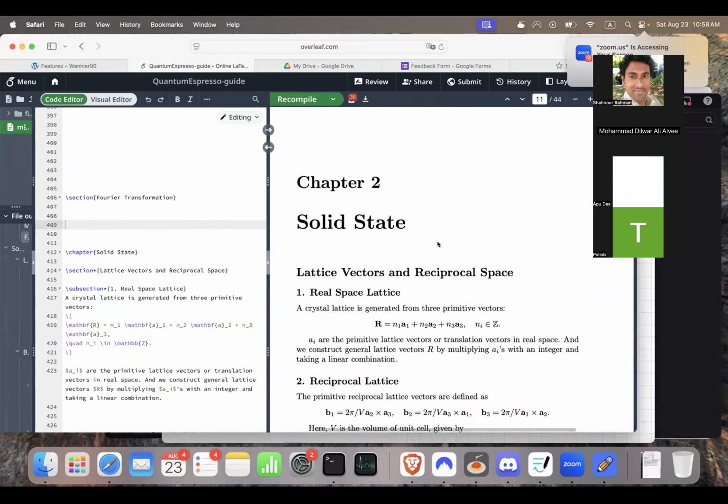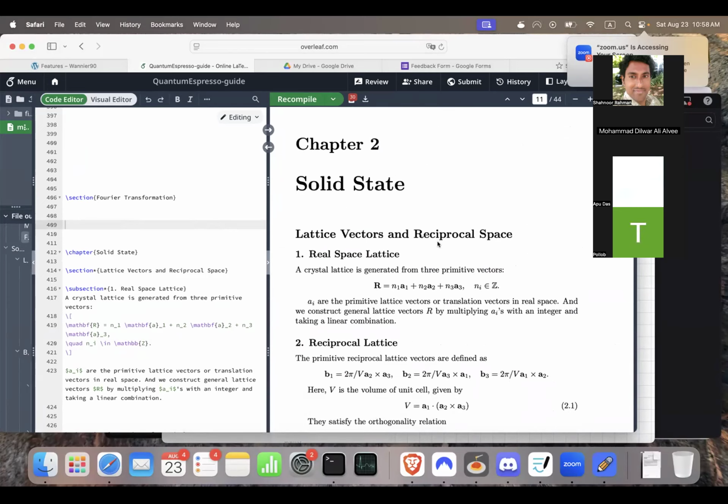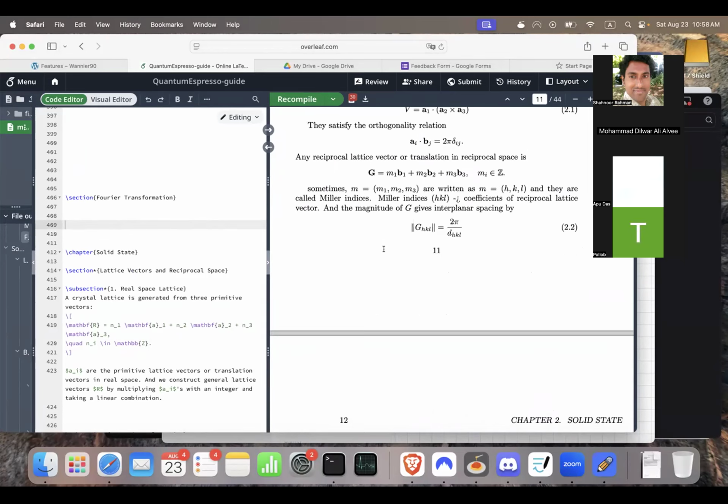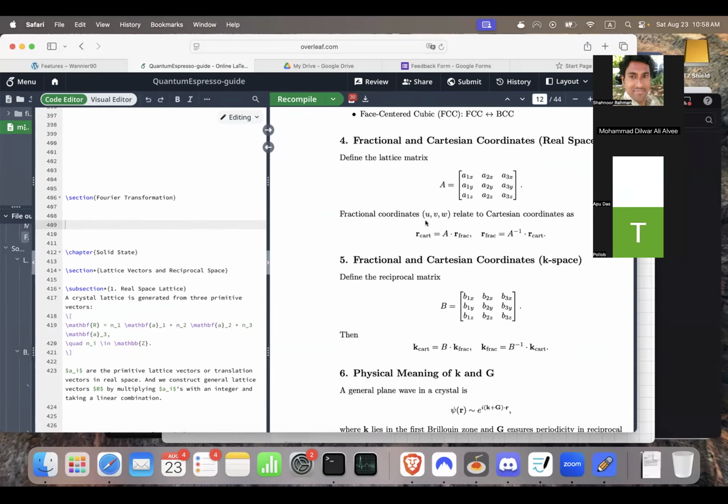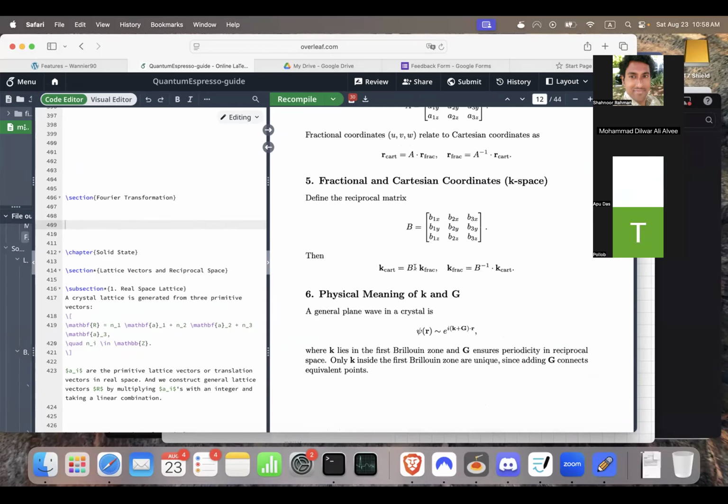So here I try to write a summary: real space lattice vectors, reciprocal space vectors, and here I have the transformation. If you notice the columns of B, this is just the b1 vector, this is b2, and this is b3. If you have the fractional coordinate k and you multiply that by B, then you go to the Cartesian coordinate.